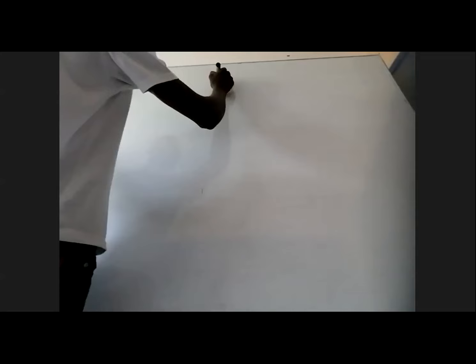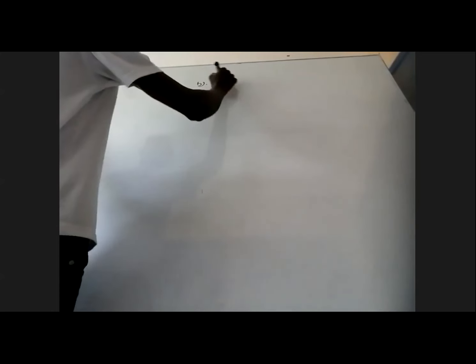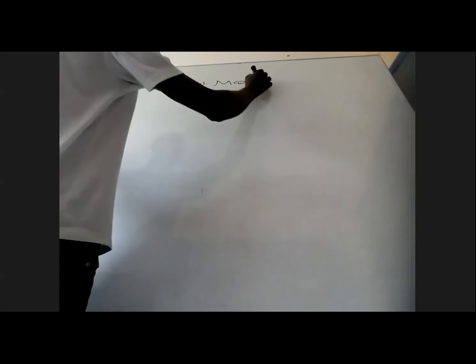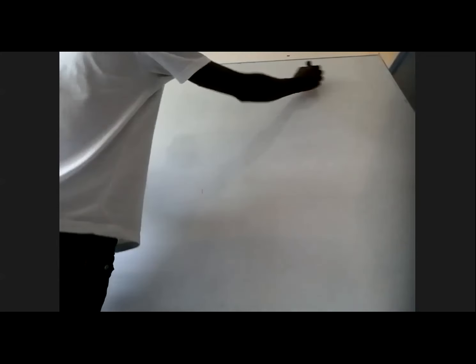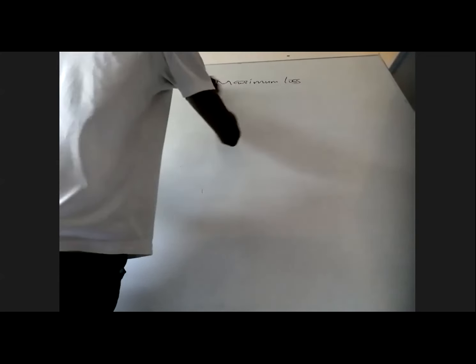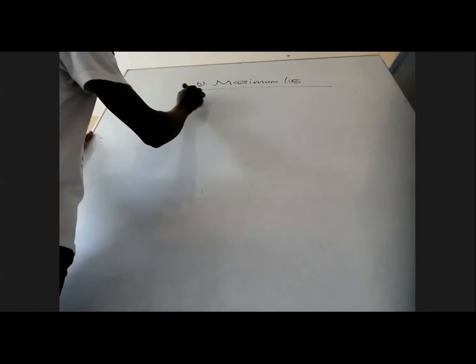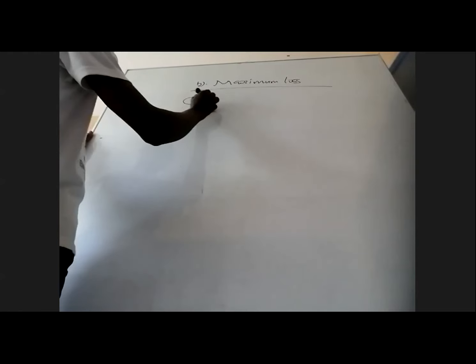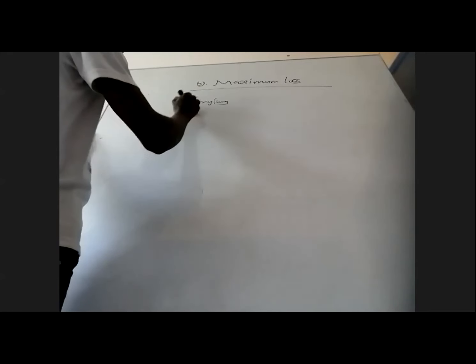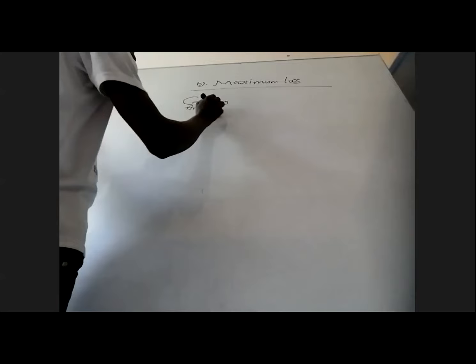So now be with me, the format is like this. You start, let there be maximum loss. Now bring the book value or the carrying amount, or you can call it the net book value, on one side.